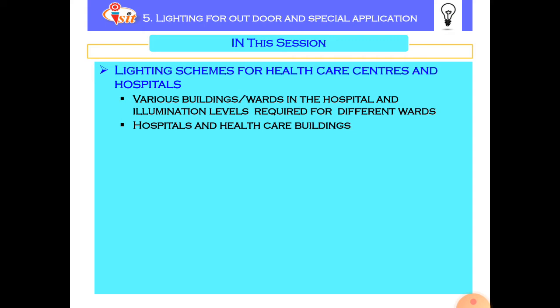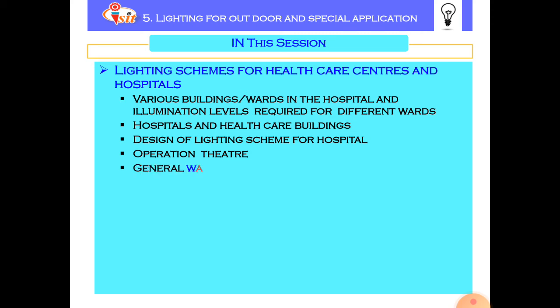Then hospitals and healthcare buildings. Then design of lighting scheme for hospital. After that, operation theatre, general wards, delivery rooms, intensive care rooms, etc.